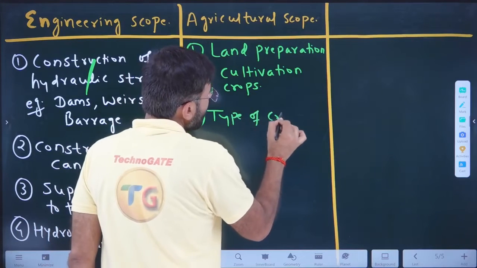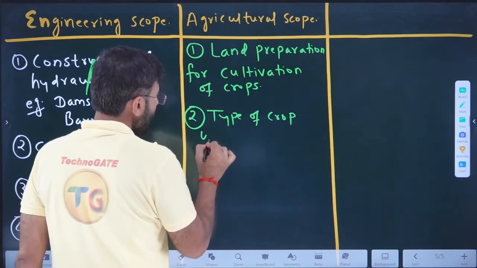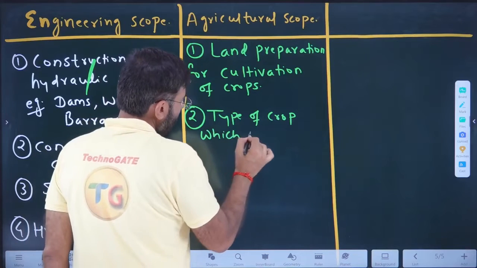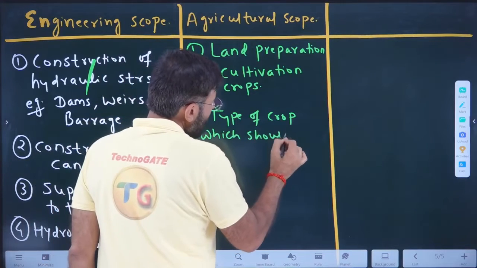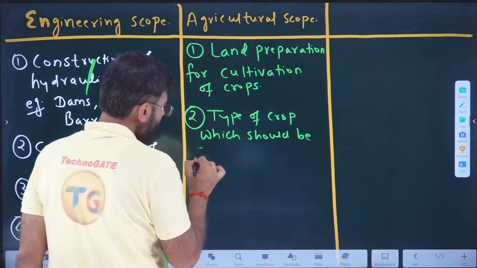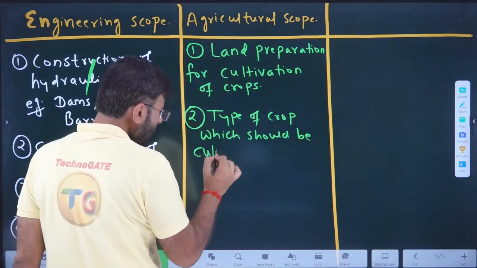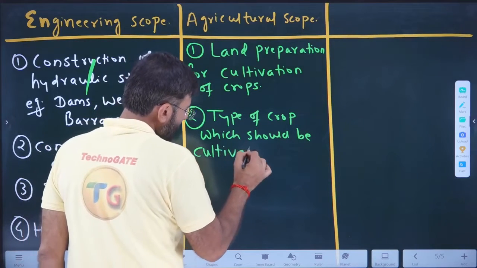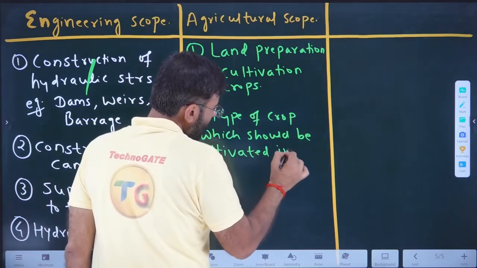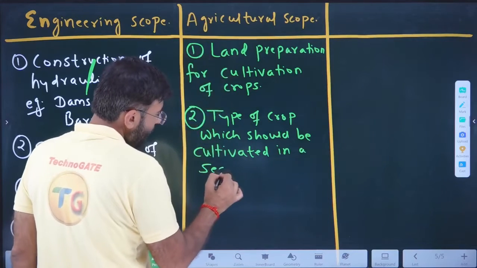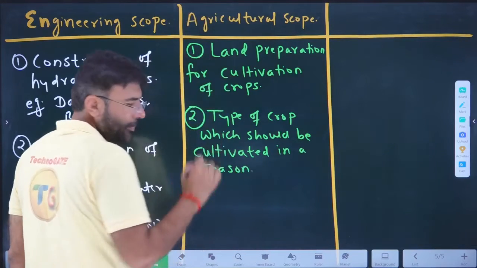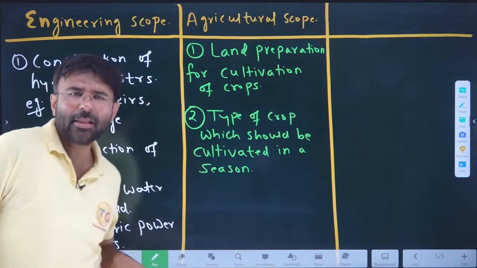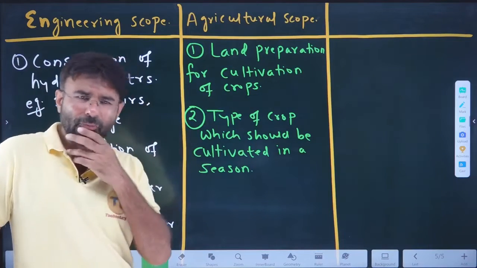Type of crop which should be cultivated or grown, anything you can write, cultivated in a season. For example, this is the monsoon season.